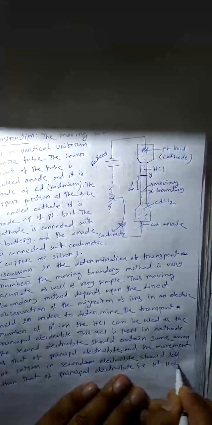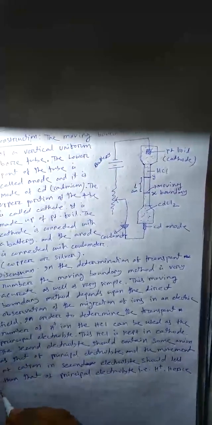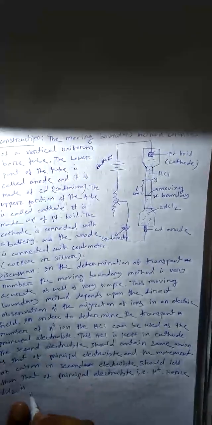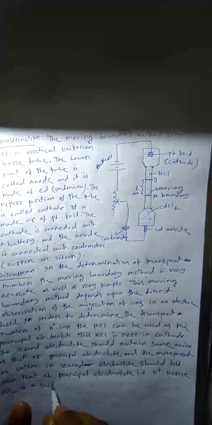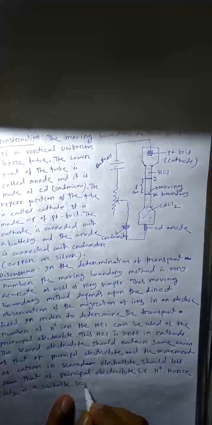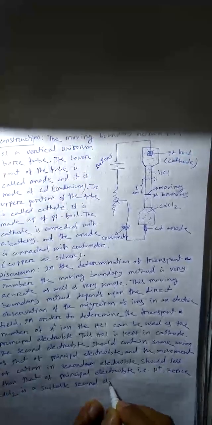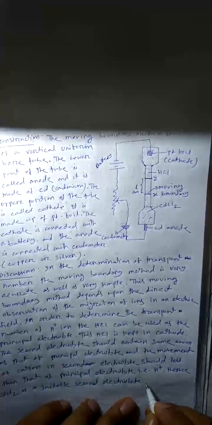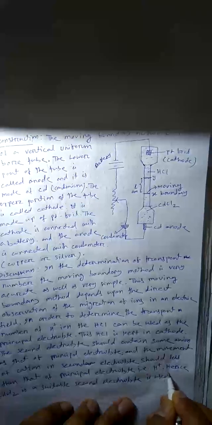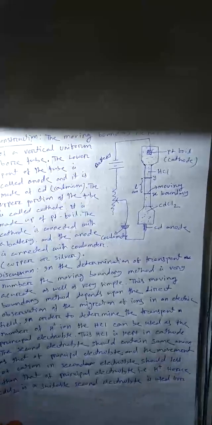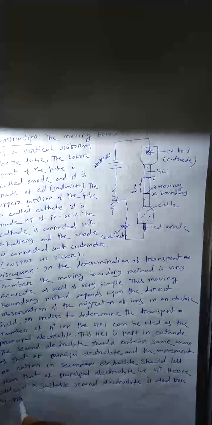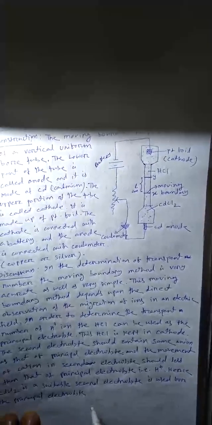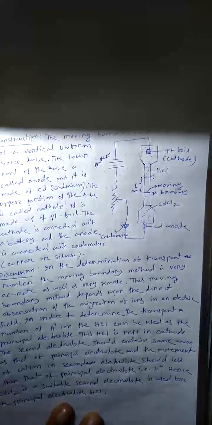Hence, cadmium chloride is a suitable secondary electrolyte for the principal electrolyte HCl.